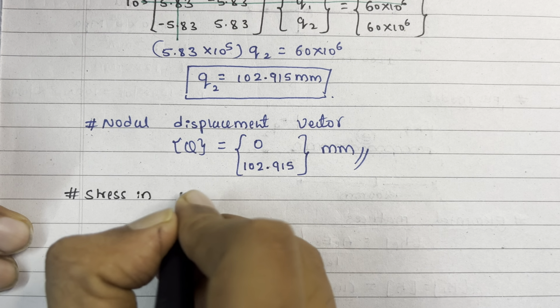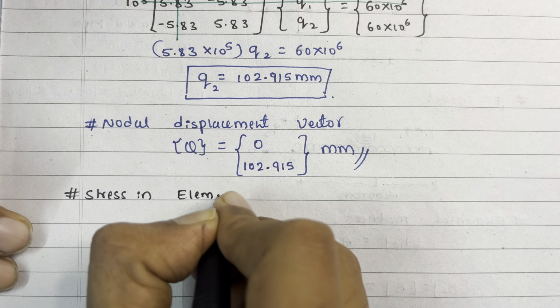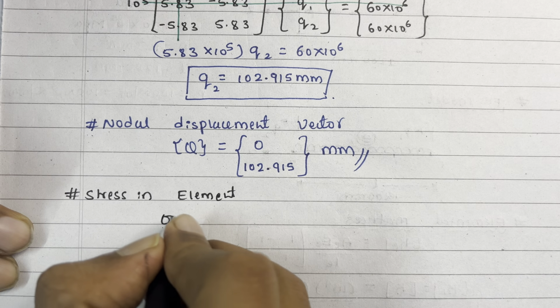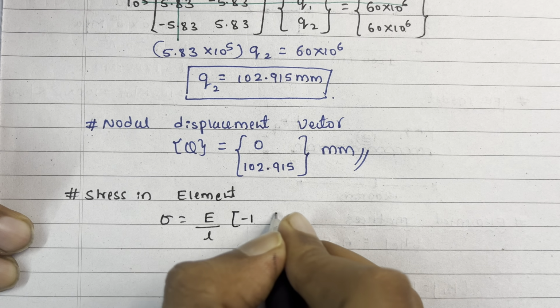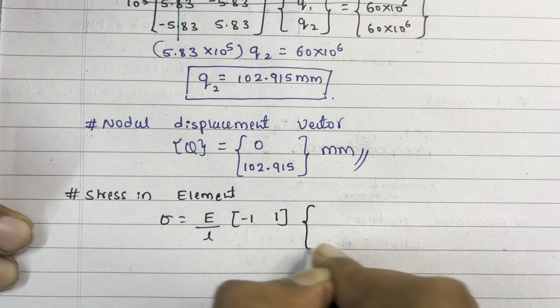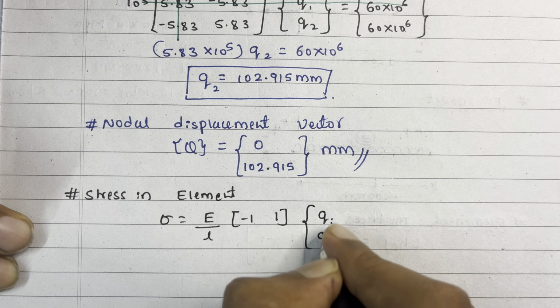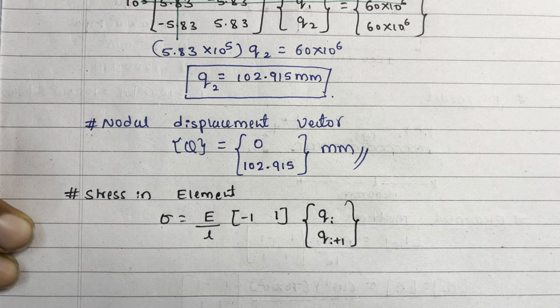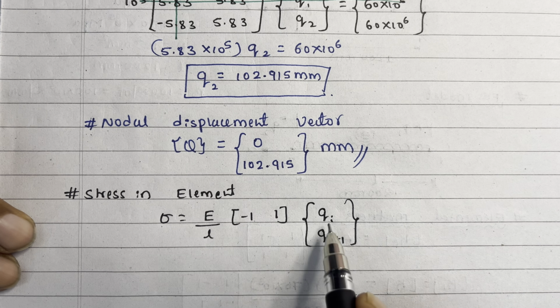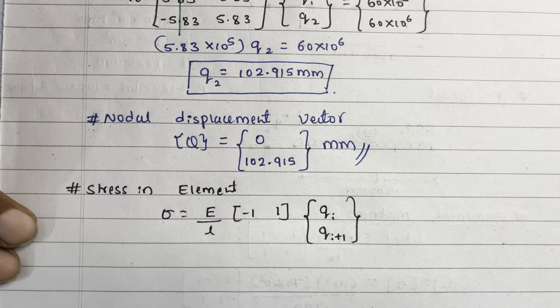Stress in element: we already know the formula sigma is equal to E by L times the matrix minus 1 1 and Q i, Q i plus 1. As we have only one element, with nodes 1 and 2, I will substitute i equal to 1, so 1 plus 1 is 2, Q1 and Q2.